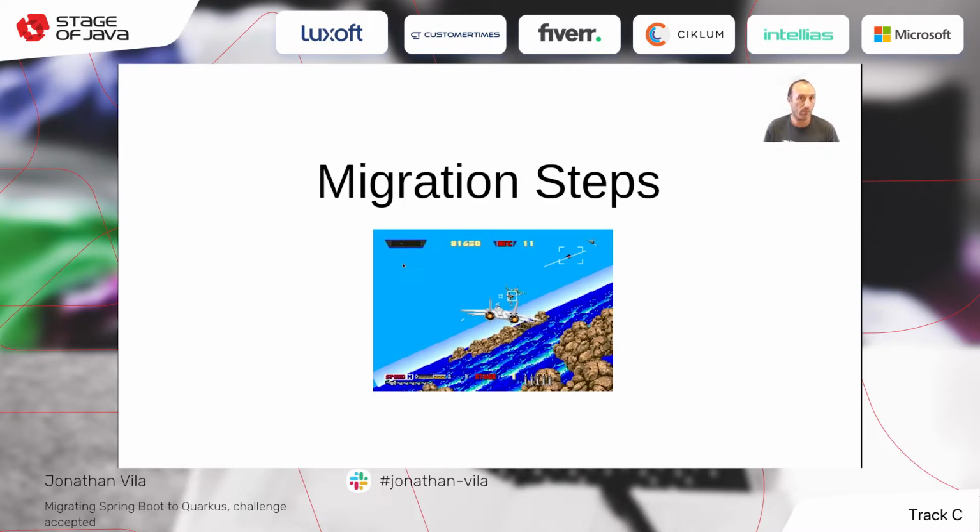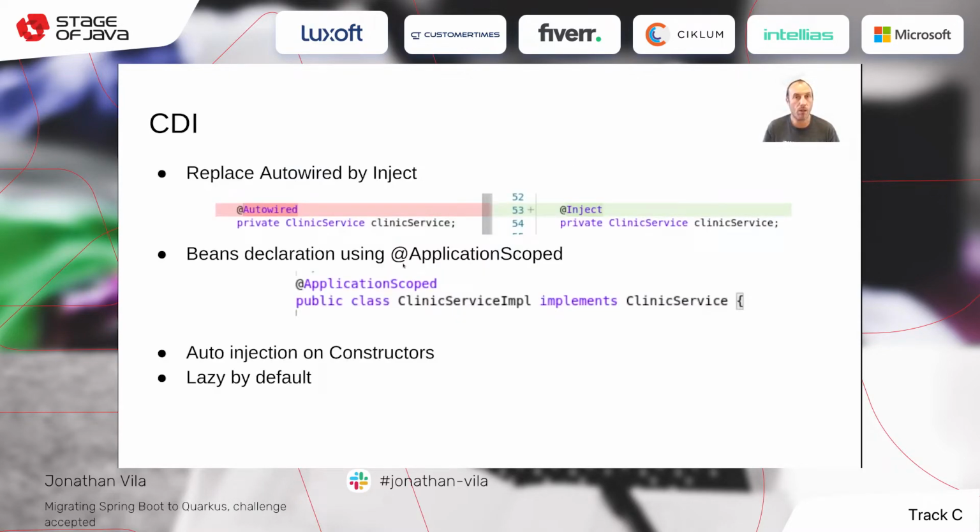So let's talk about the migration steps. Regarding dependency injection, once we have added the Quarkus dependency, it's a matter of replacing Autowired with Inject, if you are still using the Spring annotation instead of the standard one. Then the bean declarations use ApplicationScoped in this project instead of Component, Bean, or Service.